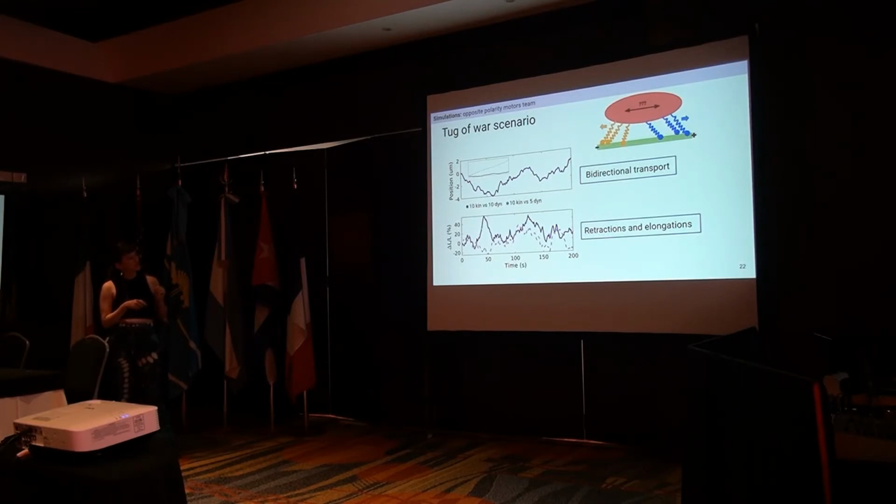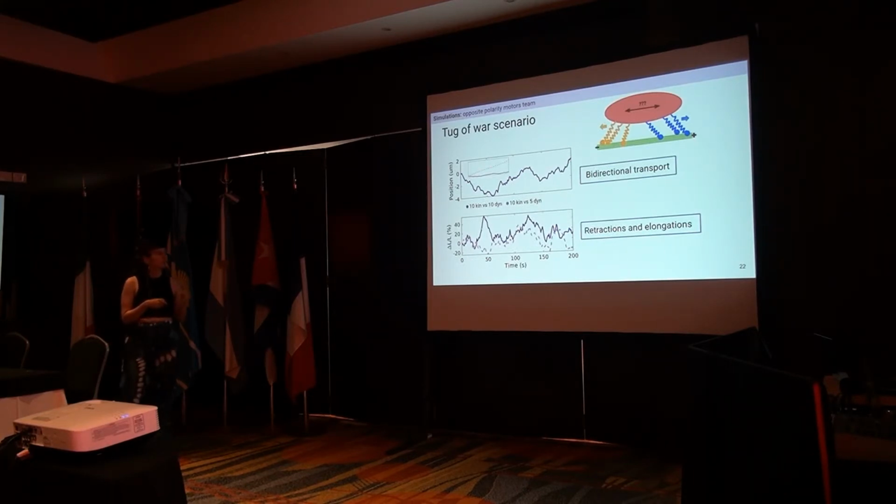We see that now in the position you have reversions in the direction of motion, so we have this bidirectional transport I was talking about. Notice that the speed is practically zero, like here, compared with another curve of 10 kinesins and 5 dyneins. You can see that it's really slow, but you have these changes.